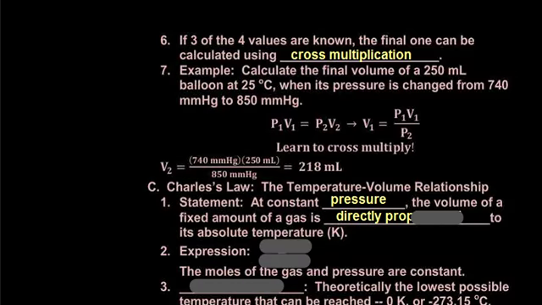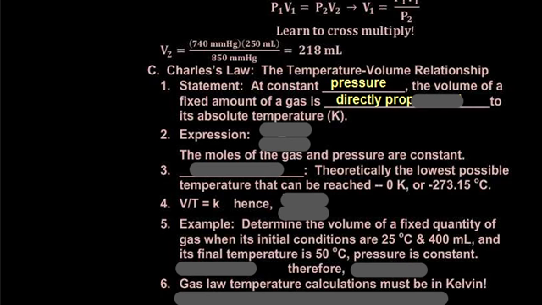And it's time to move on to the next one, which is Charles's Law. Charles's Law is the temperature-volume relationship statement. At constant pressure, the volume of a fixed amount of gas is directly proportional to its absolute temperature.